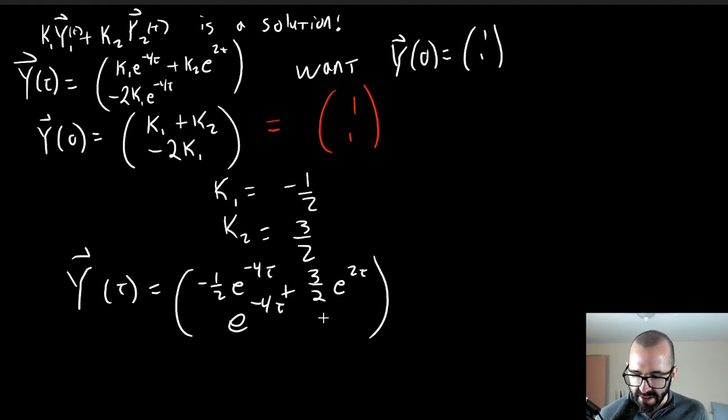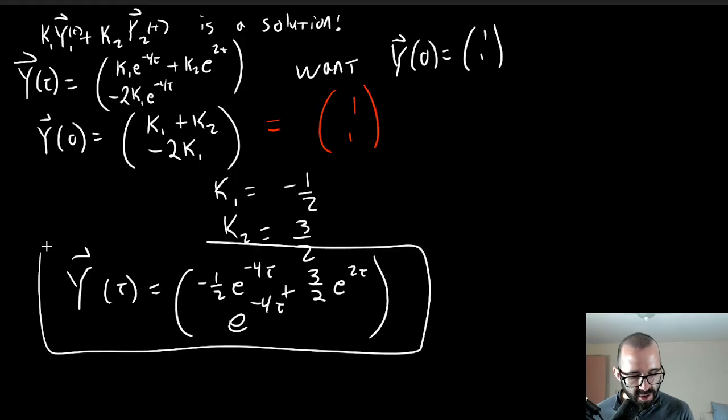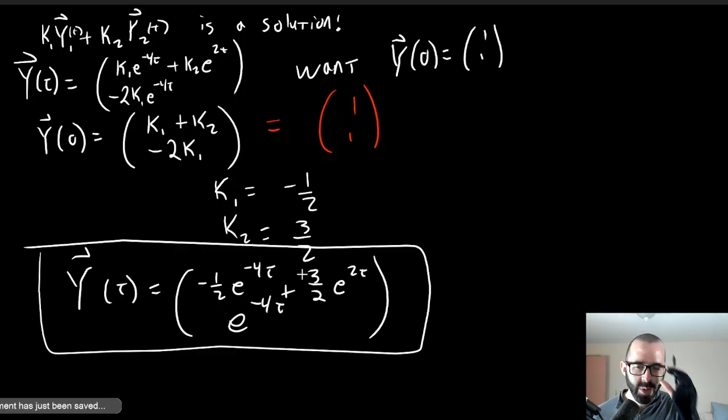And there we have it. Okay? This satisfies our initial condition. We can check by plugging in 0. If we plug in 0, we get negative 1/2 plus 3/2. That's 1. And we get 1 for the bottom as well. So we have now found our solution to this initial value problem.